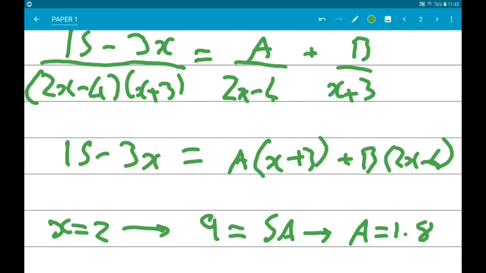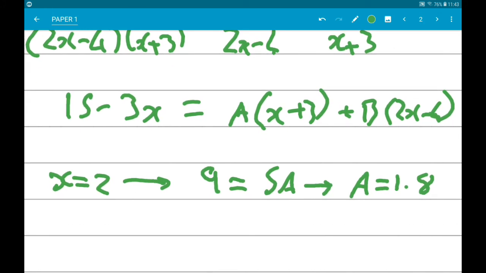Okay, then to get b, we need to make a disappear, so we're going to use x as minus 3. So that gives us 15 minus 9, so 24.